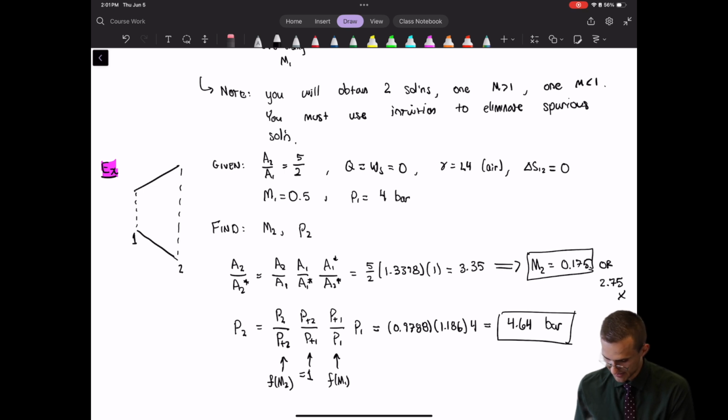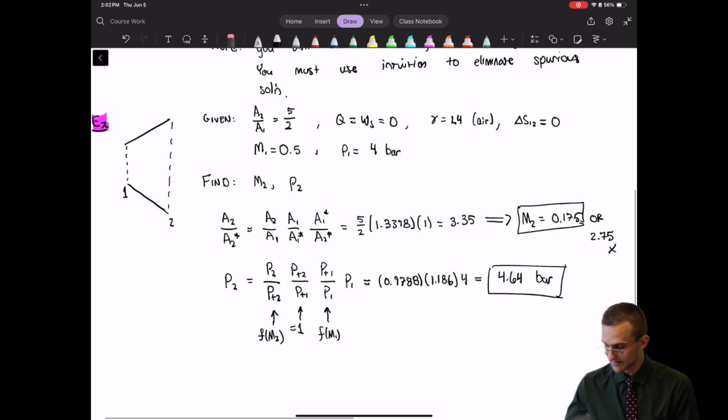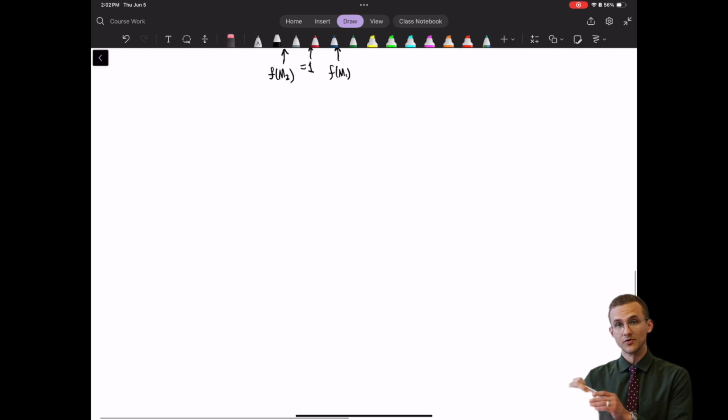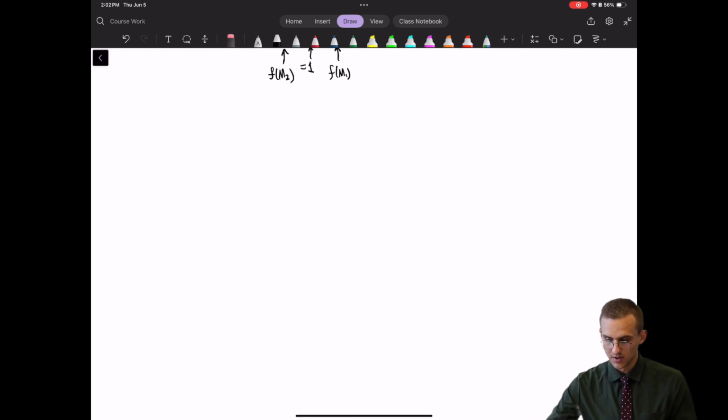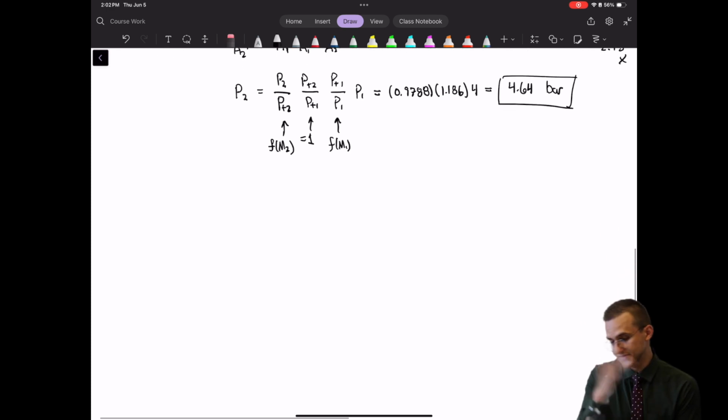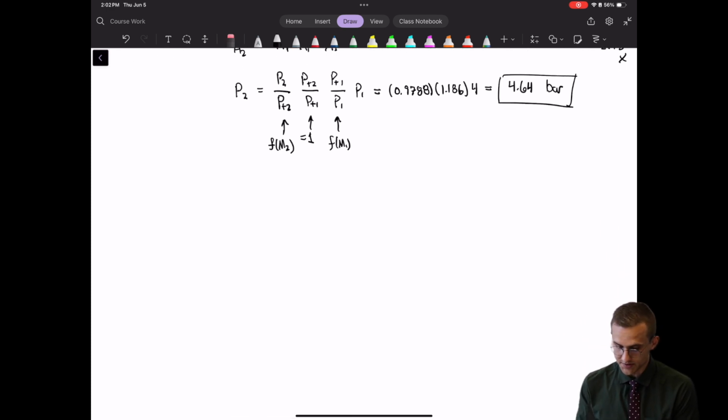So that is perfectly fine. That's how you can use these isentropic relations in practice, as opposed to having to do some sort of root finding algorithm to solve these equations. You'll be doing that over and over in the homework, so get familiar with this idea of hunting.